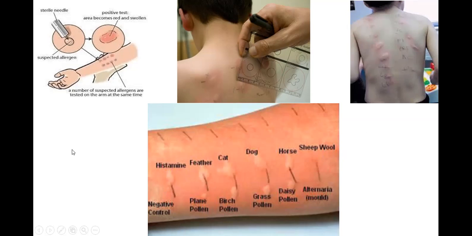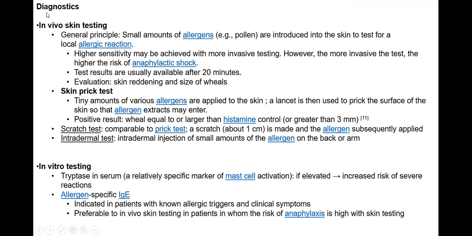If you go into the fundamentals of the diagnostic test, you call it in two terms. One is called in vivo skin testing. Another one is called in vitro testing. In vitro, you test in a test tube, in laboratory diagnosis, whereas here you are giving it to the patient in a living condition, testing in the skin.